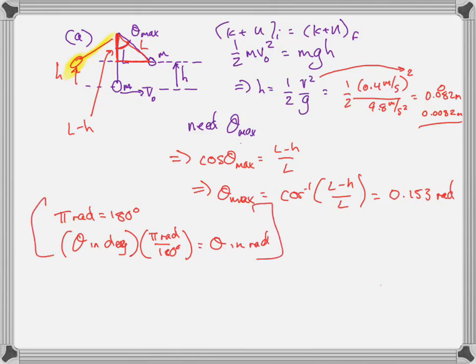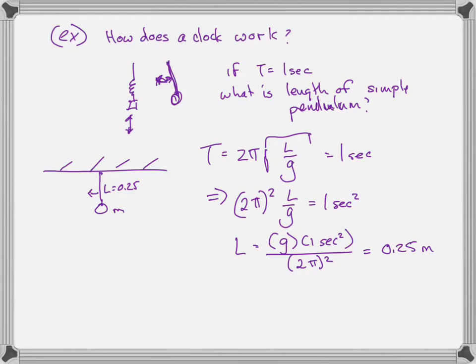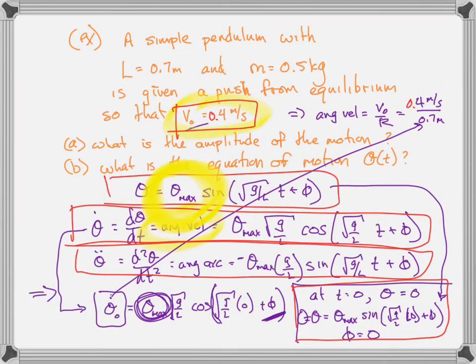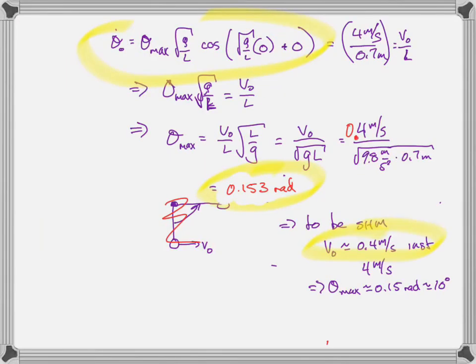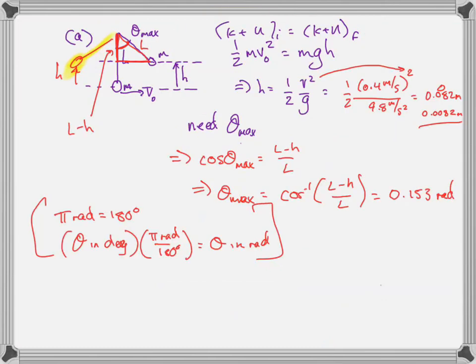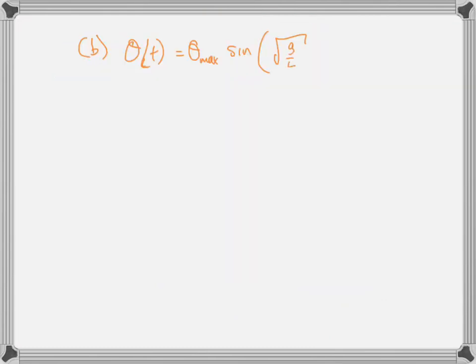Okay, so let's do part B. What is the equation of motion theta of t? Well, I think we're pretty much done now. Theta of t is theta max sine of square root of g over L times t plus phi.